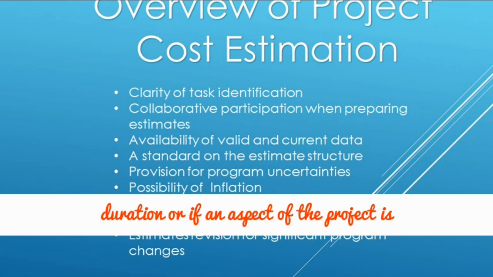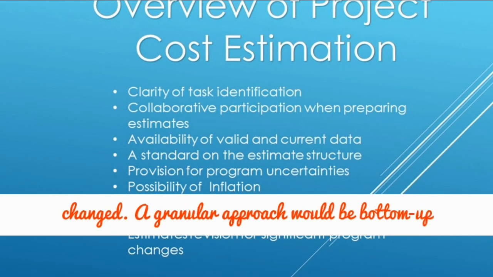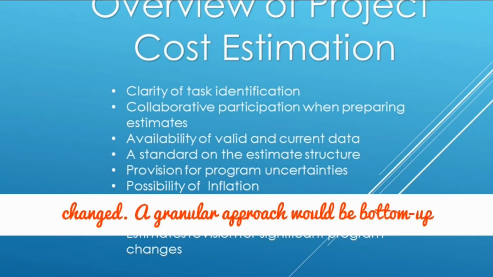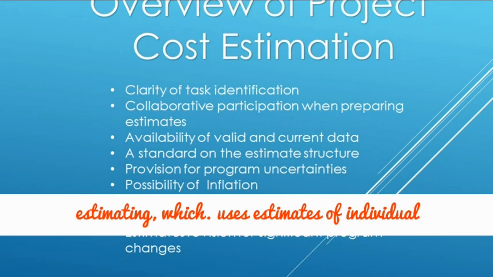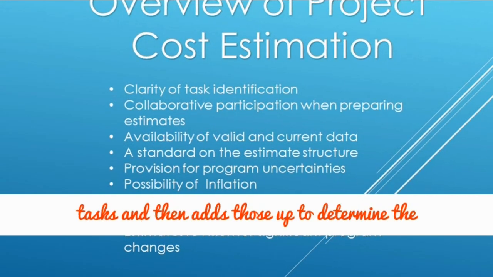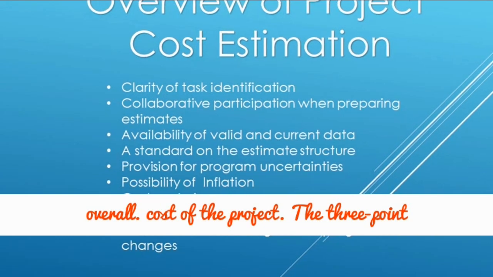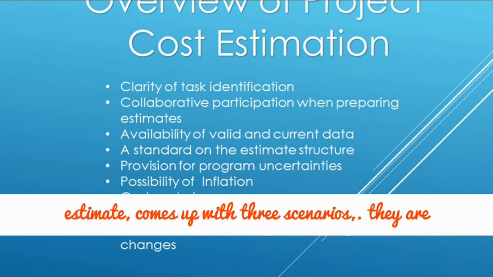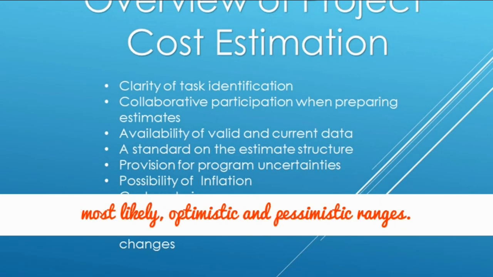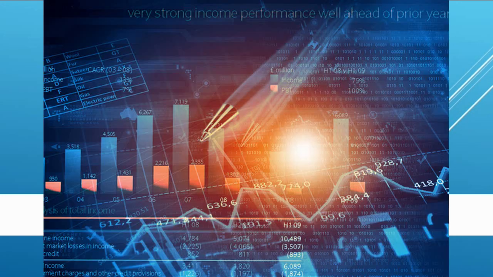A granular approach would be bottom-up estimating, which uses estimates of individual tasks and then adds those up to determine the overall cost of the project. The three-point estimate comes up with three scenarios. They are most likely, optimistic, and pessimistic ranges. These are then put into an equation to develop an estimation.